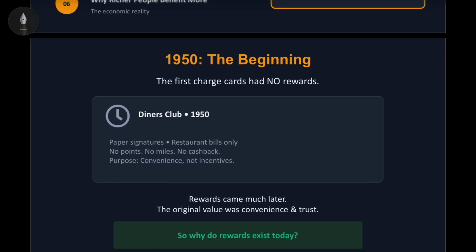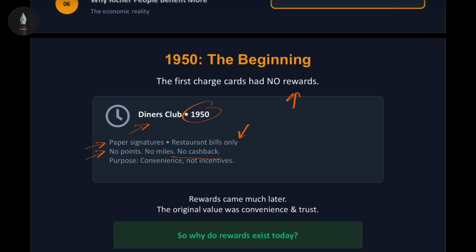So the concept of credit card started back in 1950, right? And it was the first charge card, and it had absolutely no rewards, right? It was the Diners Club card in 1950. It worked through paper signatures and was only acceptable for restaurant bills. It gave you absolutely no points, no miles, and no cashbacks.